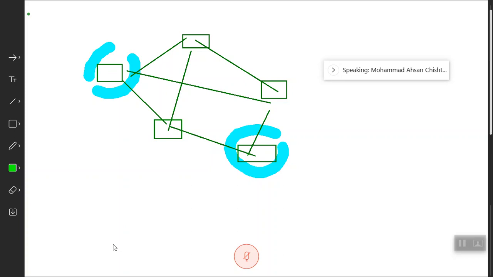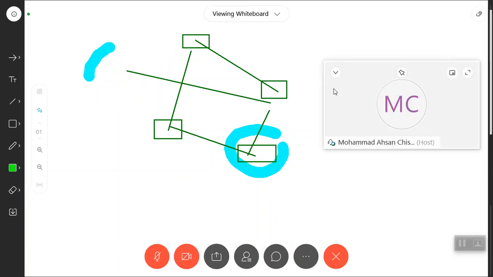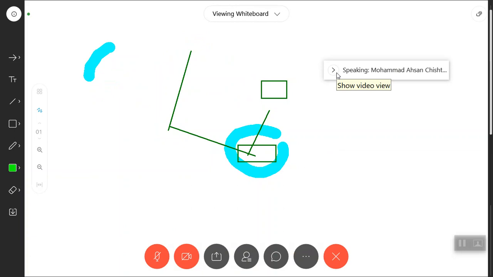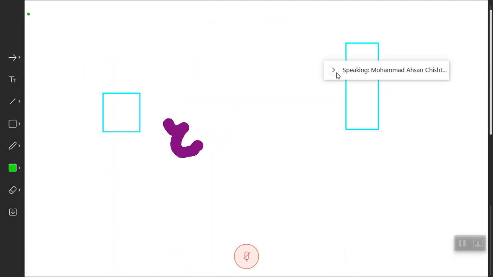The second one that we come across would be a client-server network. What is a client-server network? I would have you as a client on this end and the server on the other end. And what do I have in between? In between I would have a network cloud, shown like this.